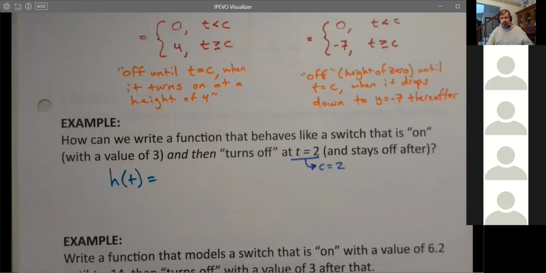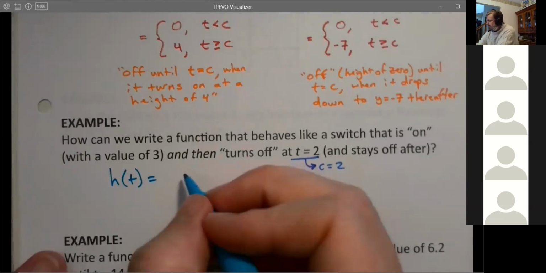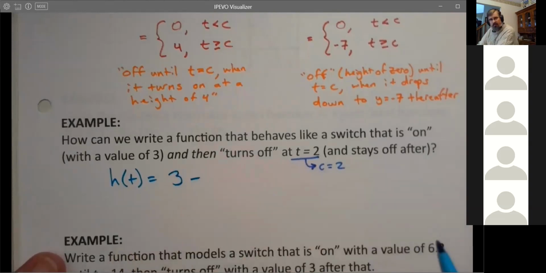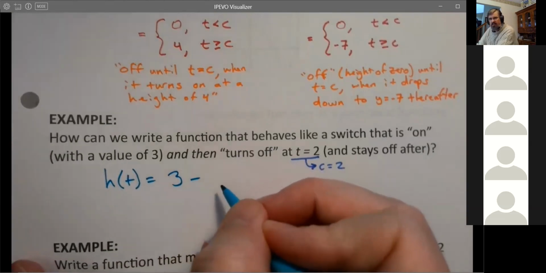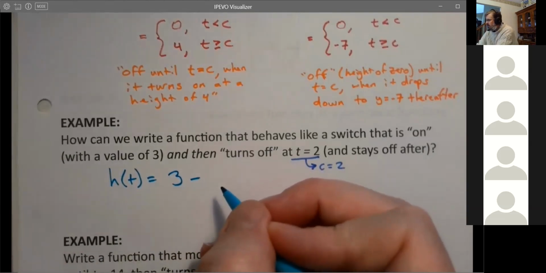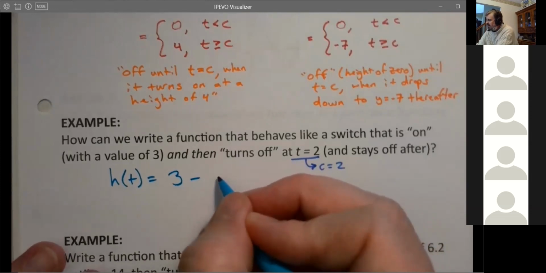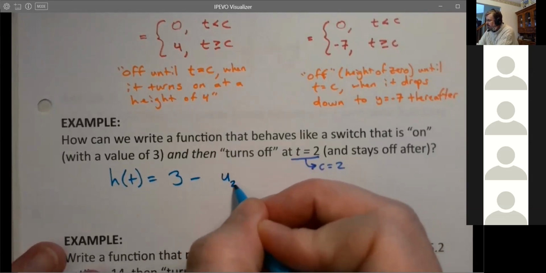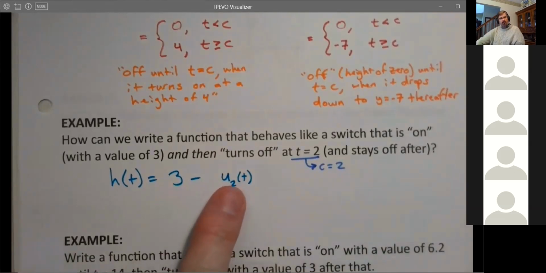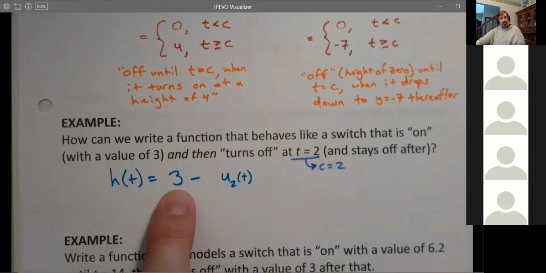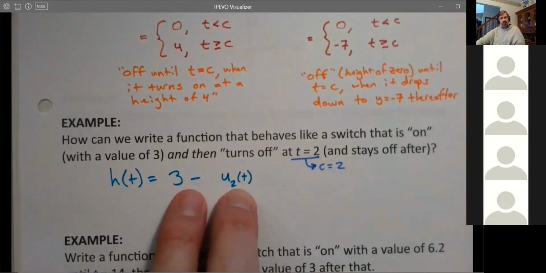Three minus 1u. 3 minus. Now here's the problem. 3 minus u sub 2 of t. If I do this, then it's going to start off as 0 for this. So it'd start off as 3 minus 0 up until the point that we have t equals 2, and then it would be 3 minus 1.